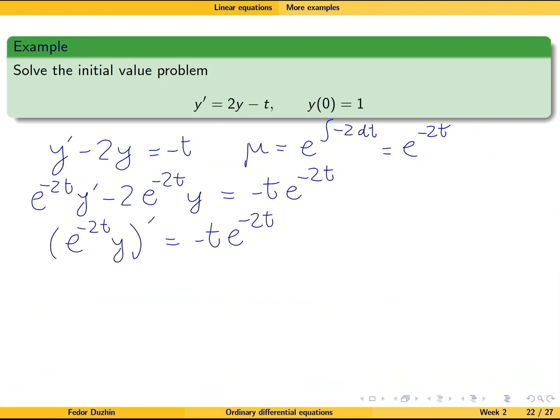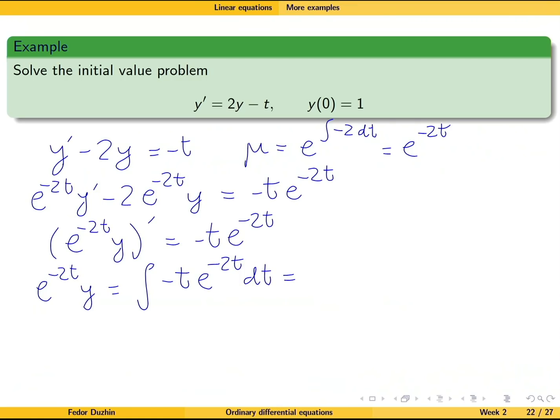We can think of this as e to the minus 2t times y being another unknown function, and its derivative is minus t times e to the minus 2t, which means that e to the minus 2t y equals the antiderivative of minus t e to the minus 2t dt.